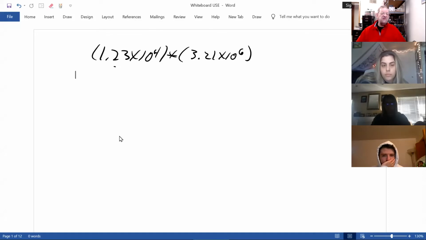And the question is, how do you do this? What is it equal to? Well, notice we have two numbers in scientific notation, and then you've got to use your calculator.